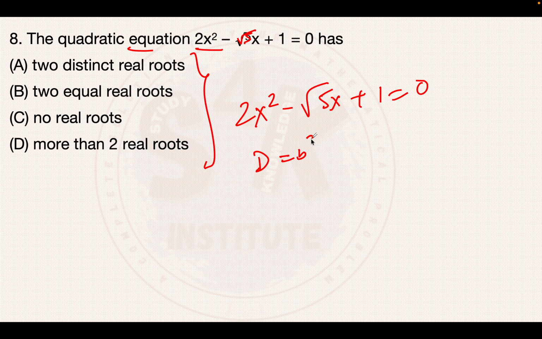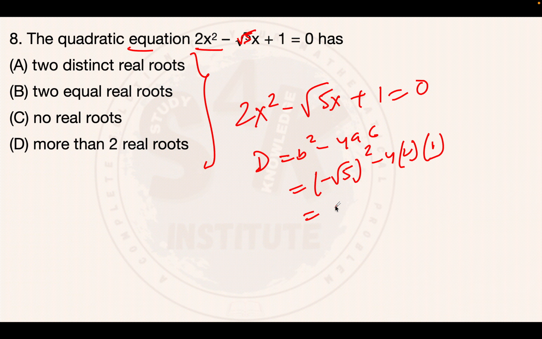That is equal to b square minus 4ac. The b value is negative root 5, so that squared is 5, minus 4 times a value 2 times c value 1, that is 5 minus 8, that is negative 3. So this is less than 0, right? So it has no real roots, so the answer will be C.